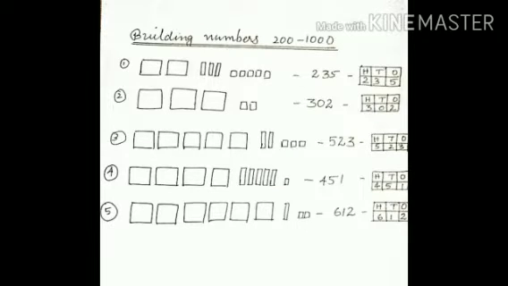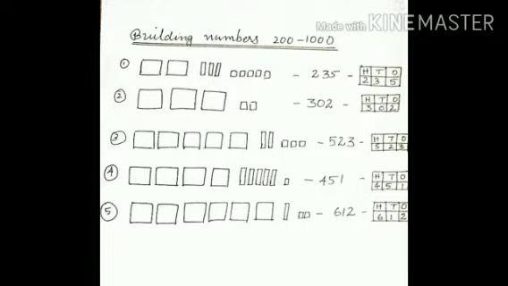The first question: I drew 2 big squares, 3 long rectangle roads and 5 small squares. What will we write the number as? We will write the number as 235, because in the hundreds place there are 2 big squares, in the tens place there are 3 long rectangle roads, and in the ones place there are 5 small squares.